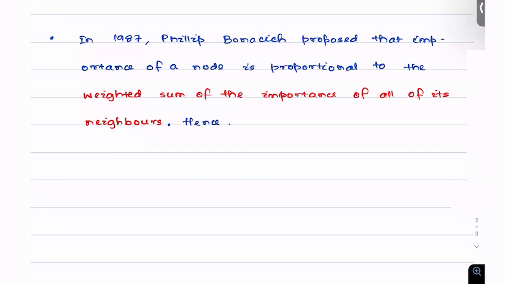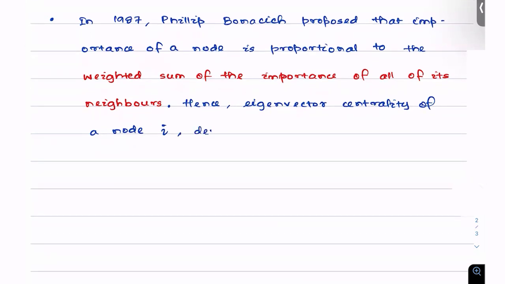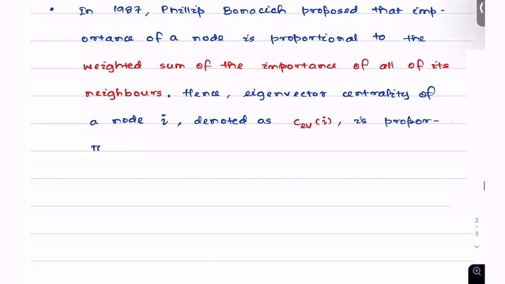Hence, the eigenvector centrality of a node i, denoted as C_EV(i), is proportional to two aspects.